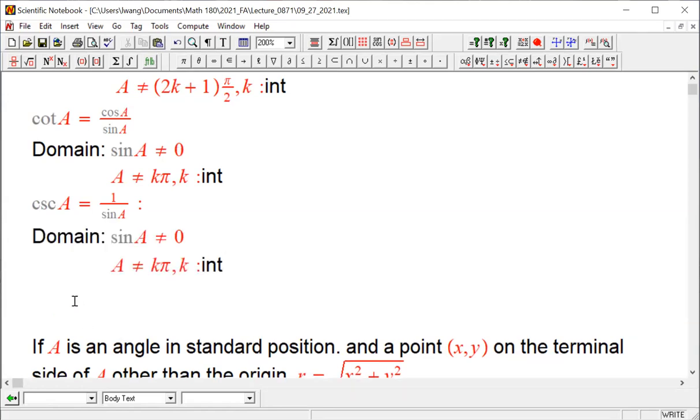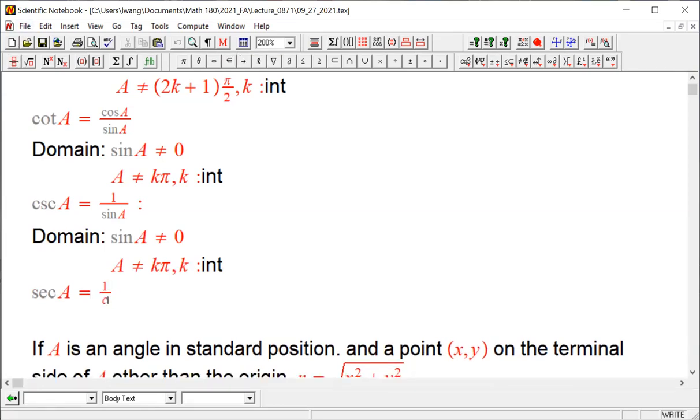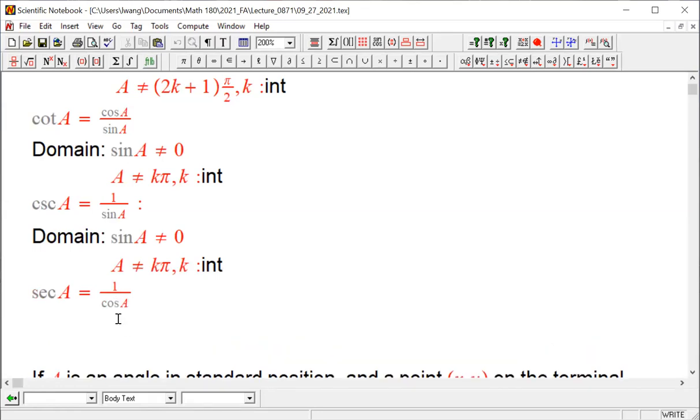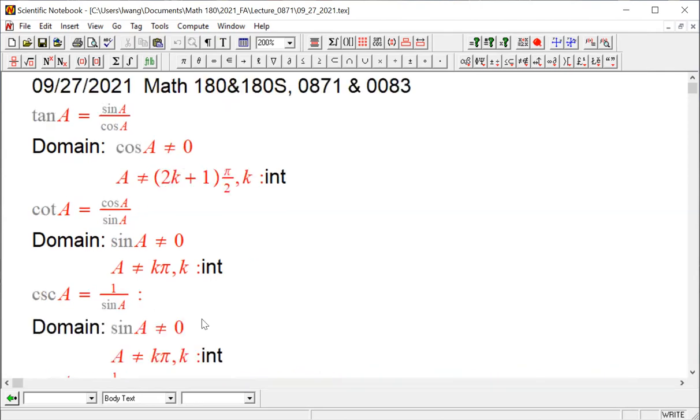How about for secant? Secant is 1 over cosine, right? So cosine A cannot be 0. And what would that be?